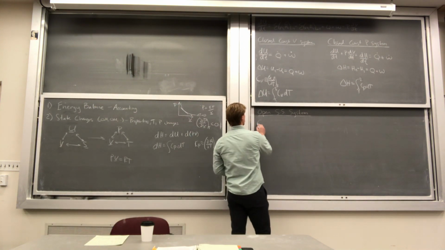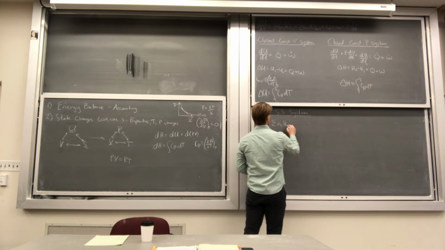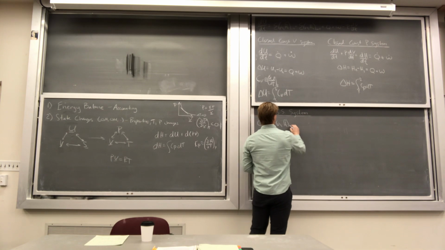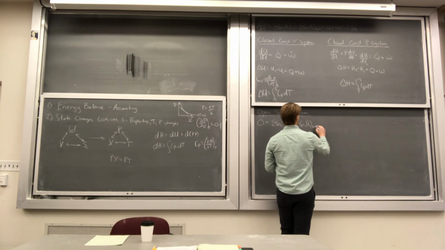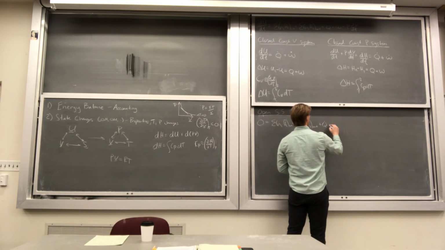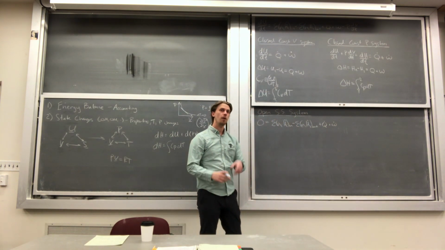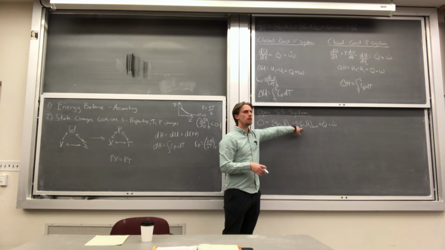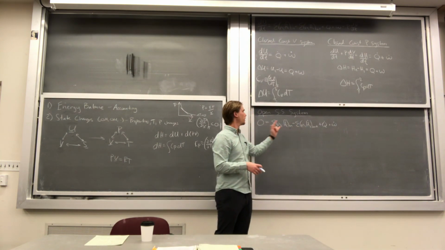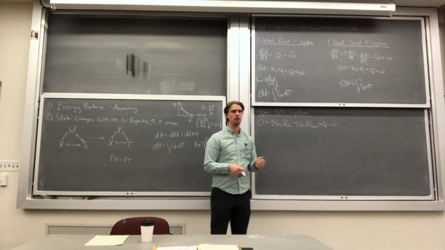Okay. 0 is equal to the summation of the flow rates in minus the flow rates out, times enthalpy, plus the heat plus the work. Now, if I want to, I can move the in minus out to the other side of the equation, and we get out minus in is equal to Q plus W.